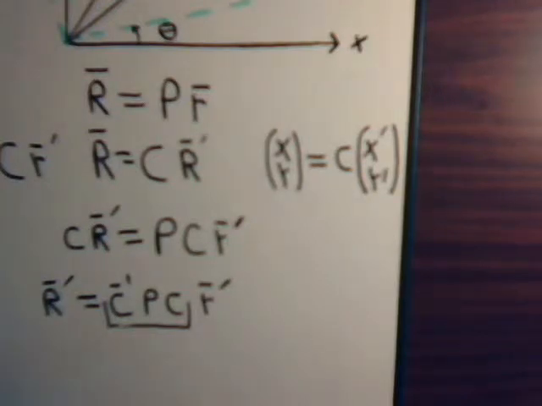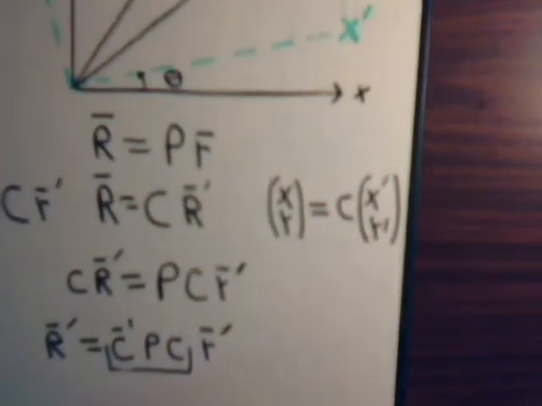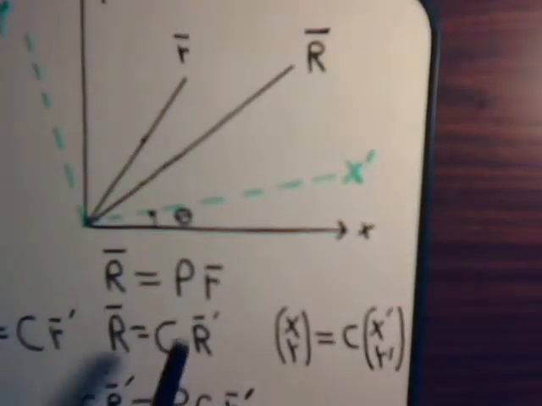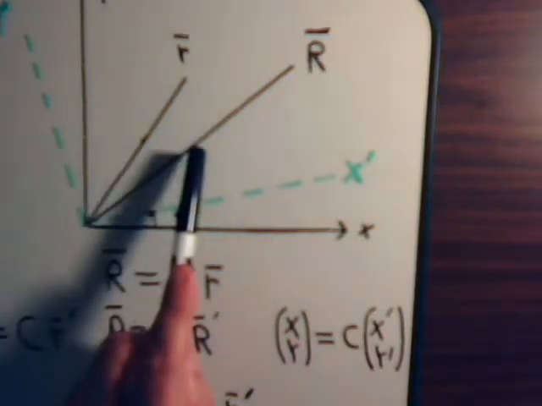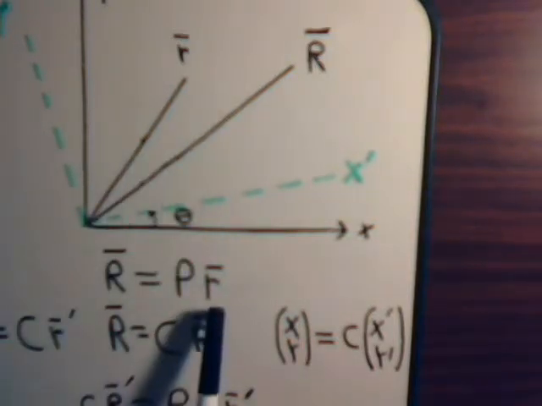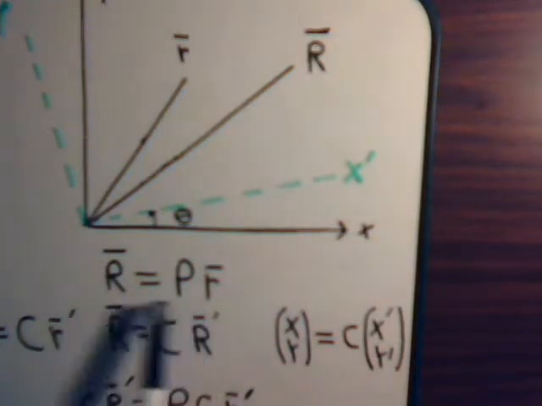Now, let's take it a step further. Suppose that for matrix P, and matrix P again is what transforms vector r into vector large R, knowing their xy coordinates.